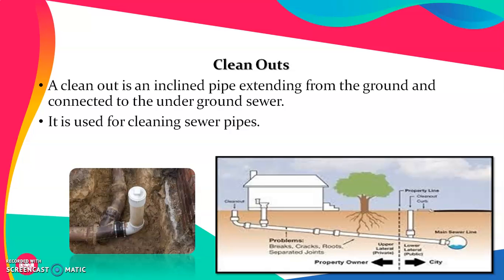So the cleanout can be installed at the end, exactly opposite to the point where such pipes have been connected to the main sewer lines. These once again are helpful for the cleaning of the pipe.